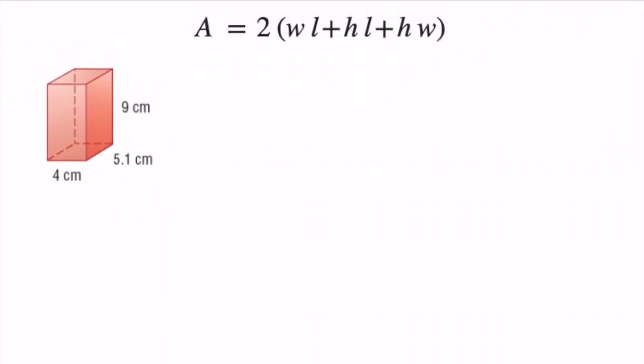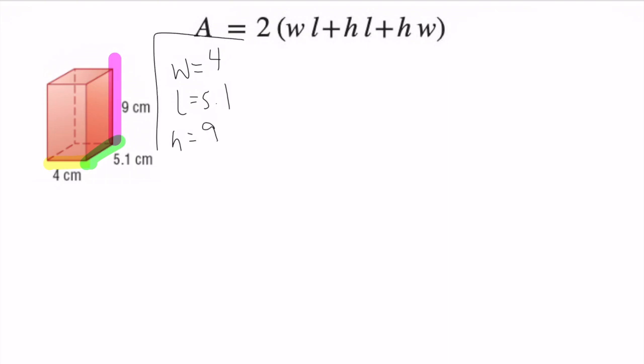We have a width of 4, a length of 5.1, and a height of 9. So width equals 4, length equals 5.1, and height equals 9. You see that I do this right here to keep myself organized, so I know what each of my values are to make it easier to plug into the equation.